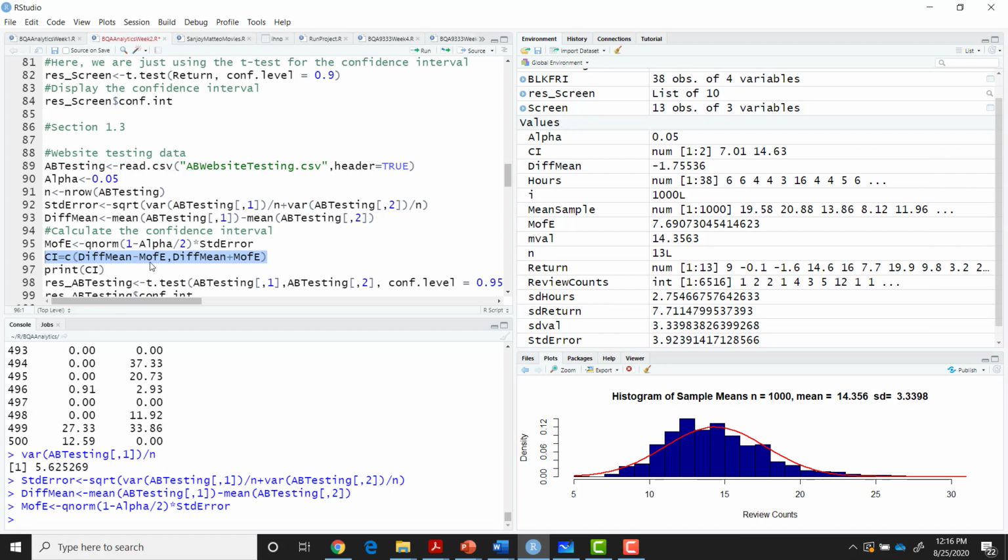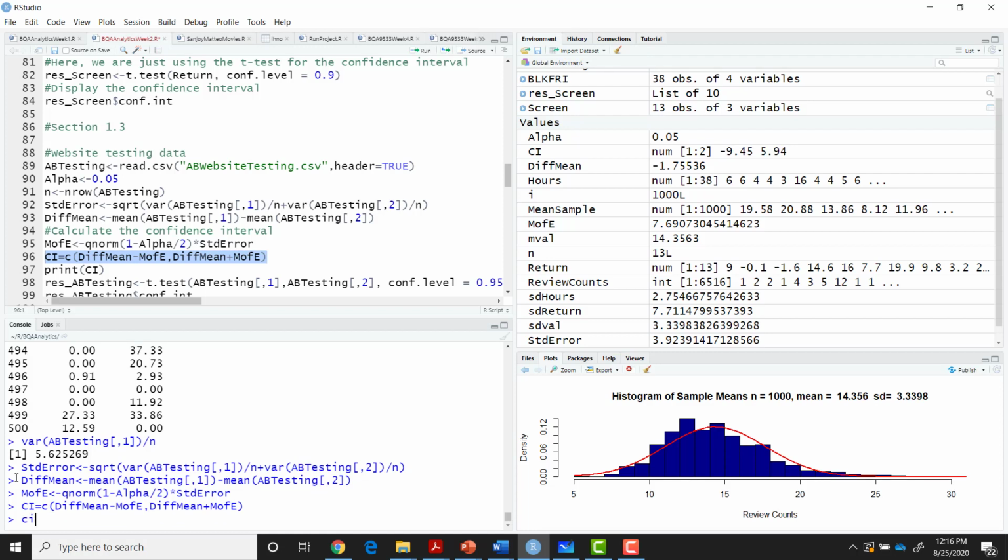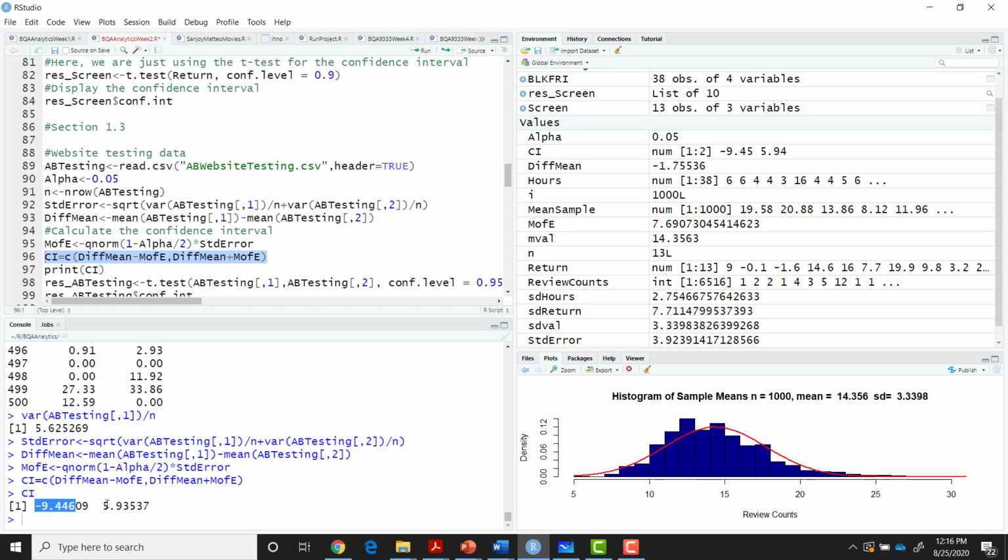We're adding the margin of error to the mean and subtracting the margin of error from the mean. This is the confidence interval. And we can see that we're 95% sure, or in the long run 95 out of 100 times, that the difference between the websites is from -9 to 5.6. So that's the confidence interval for the websites.